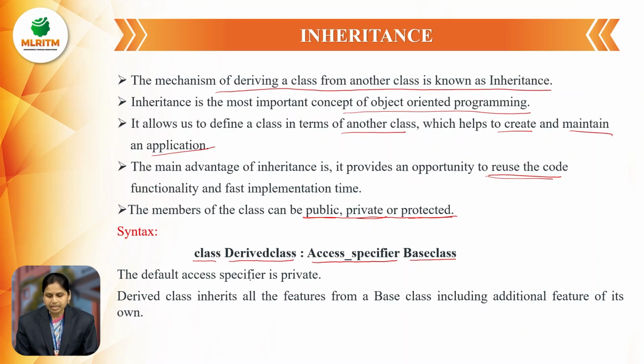The default access specifier is private. There are three types of access specifiers, which we already discussed in the previous videos: public, private and protected. But among these three access specifiers, the default access specifier in inheritance is private. The derived class inherits all the features from a base class, including additional features of its own.